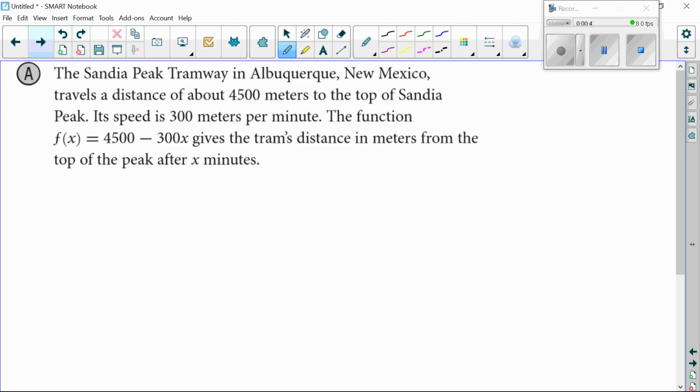So the Sedia Peak Tramway in Albuquerque, New Mexico travels a distance of about 4,500 meters to the top of Sedia Peak. Its speed is 300 meters per minute. The function f of x is equal to 4,500 minus 300x gives the tram's distance in meters from the top of the peak.